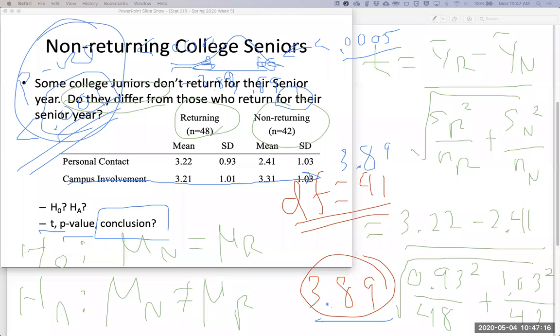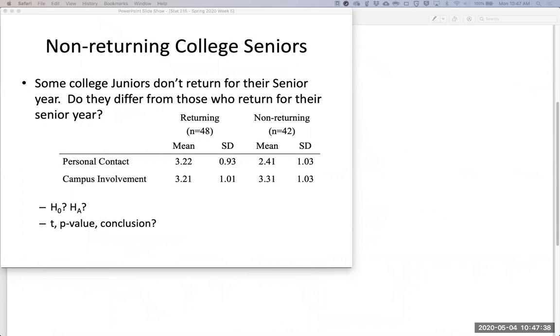My p-value here is less than alpha 0.05. My conclusion is I'm going to believe the alternative hypothesis. I believe that the students who return and those that do not return have different means. Again, the mean of the returning and the mean of the non-returning students is different, so the population average is different.